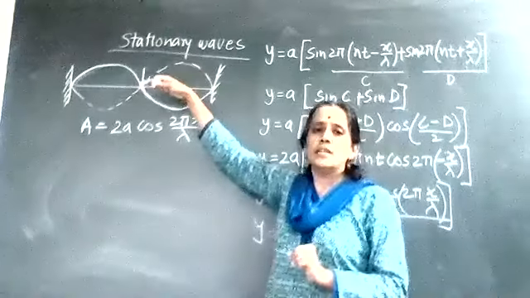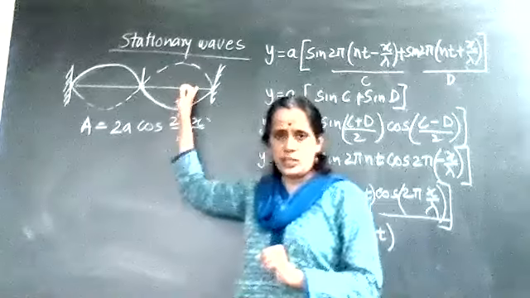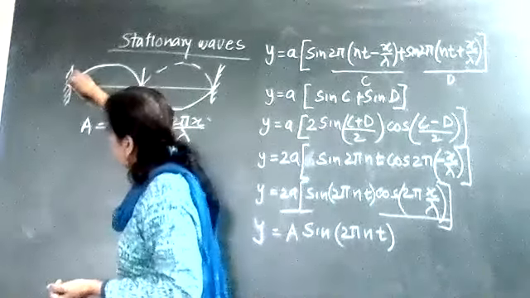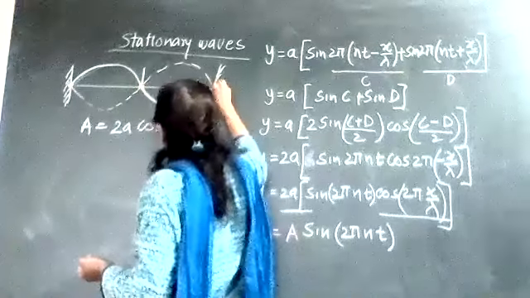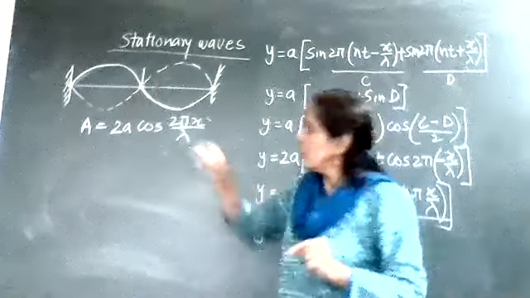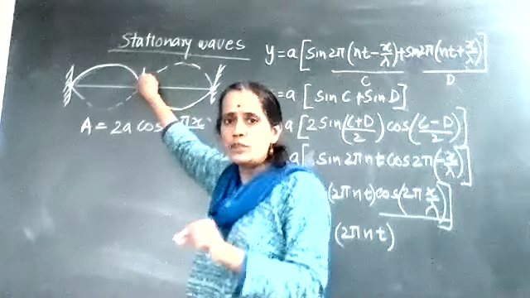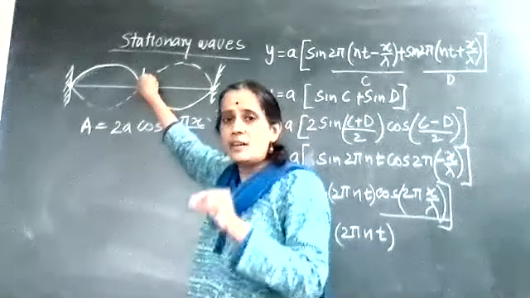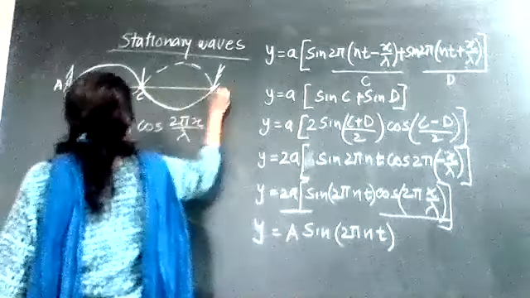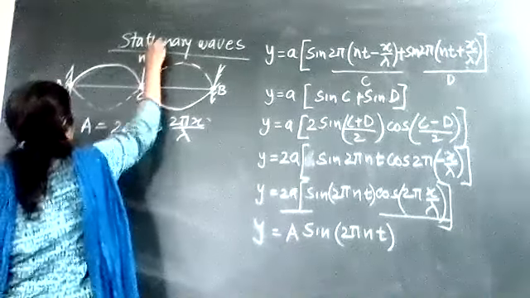Now concentrate on this diagram of your stationary wave. In this diagram, if you concentrate, at the rigid wall, these two waves are meeting together. The point is stationary. At the plucking point also, the point is stationary. The point is on the string. The point is at rest. So these 3 points, I can call them A, C and B. All these 3 points are called node points.